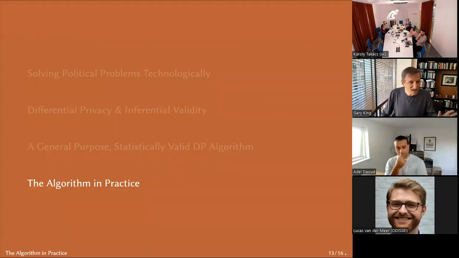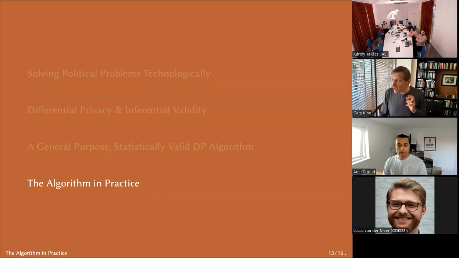Okay, so that's the math behind it. It enables you to take pretty much any estimator and get a differentially private version of it that you can say guarantees the privacy of your respondents, but you can also get appropriate standard errors for that, and there'll be no bias for your calculations.